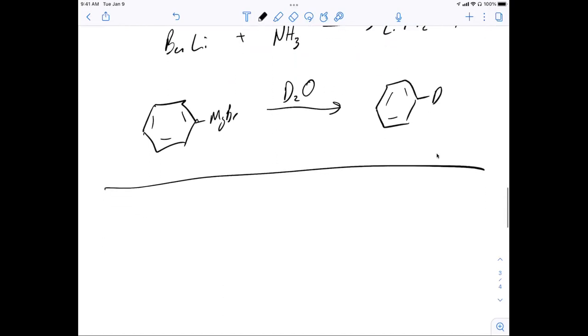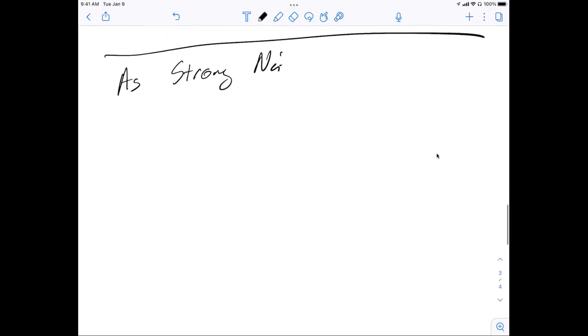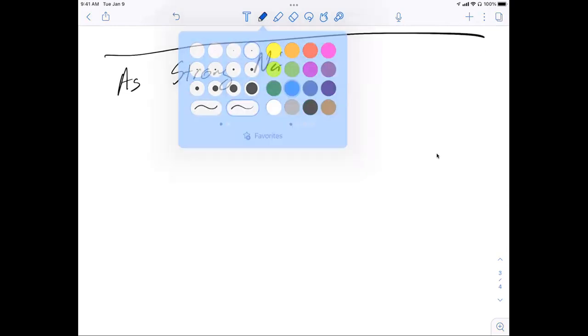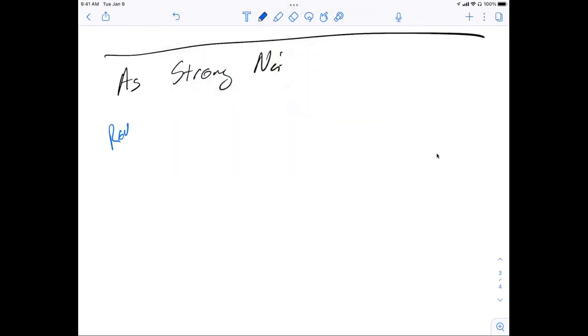We can also use these as strong nucleophiles, and this is the one that we're very familiar with for the Grignard. And so these are all review reactions. We can have a Grignard react with a carbonyl, such as a ketone or an aldehyde.